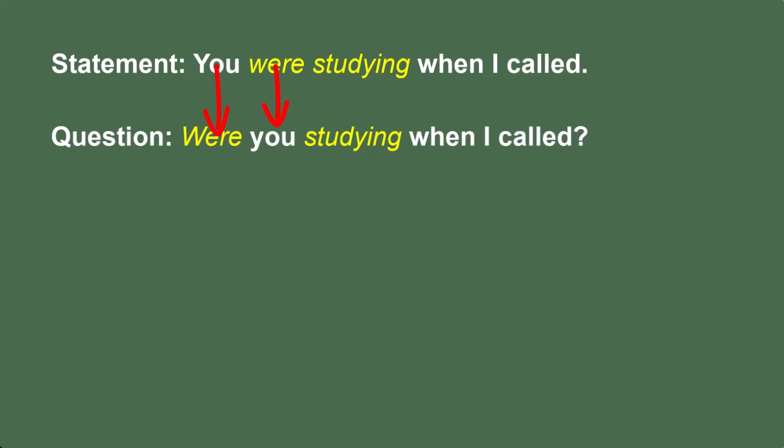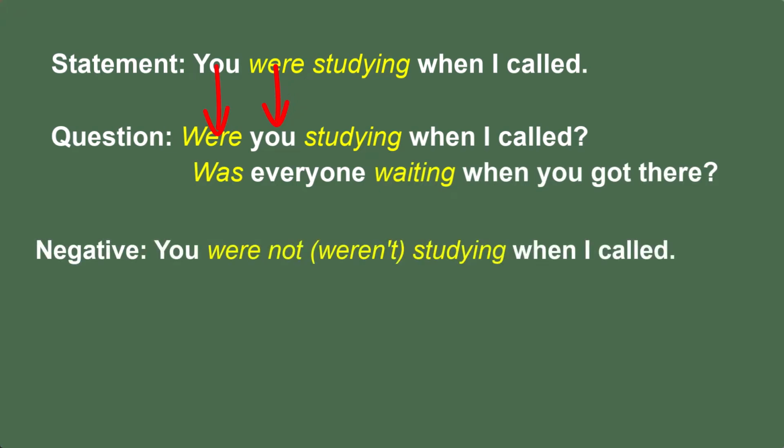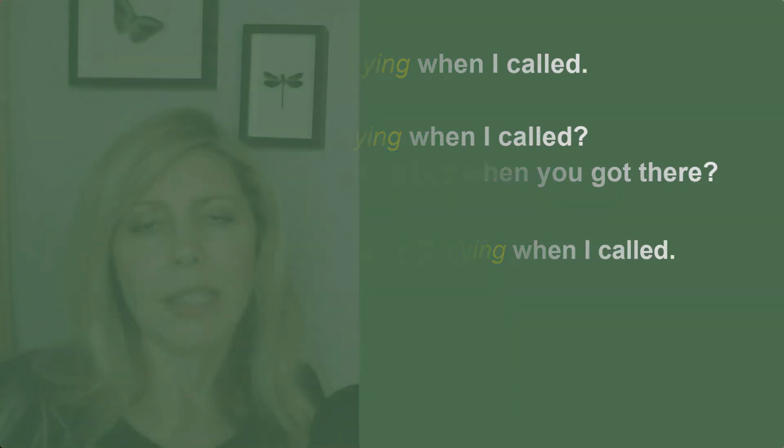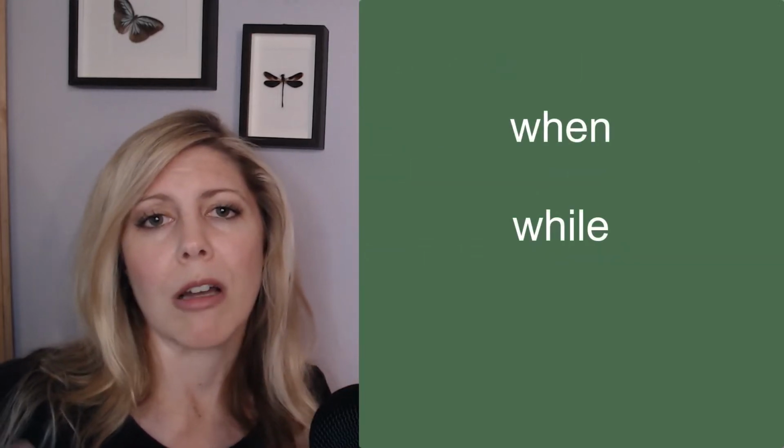Were you studying when I called? Was everyone waiting when you got there? Now, here's a negative. You were not or you weren't studying when I called. Now, in this tense, it's very common to use when and while. And you will see those examples as we go along in this lesson.